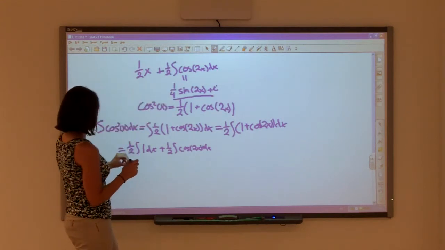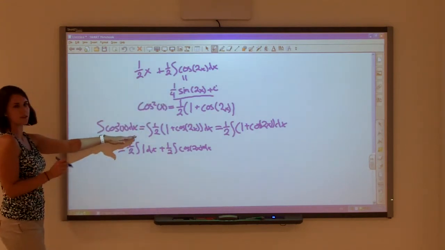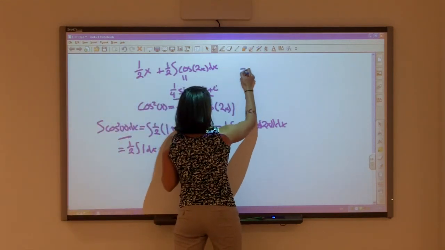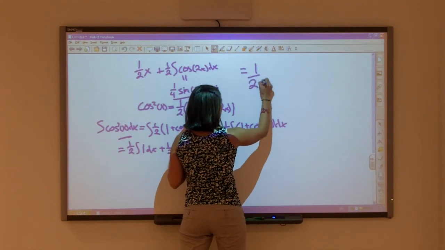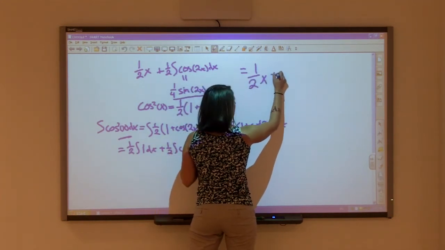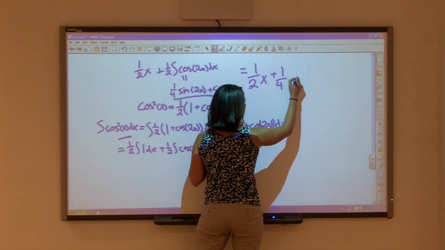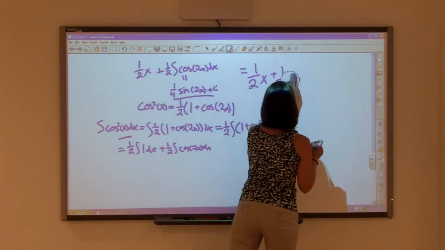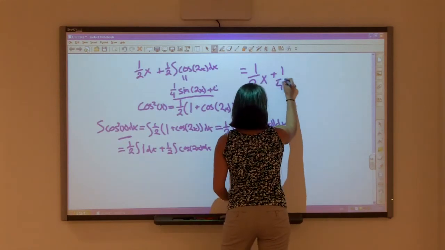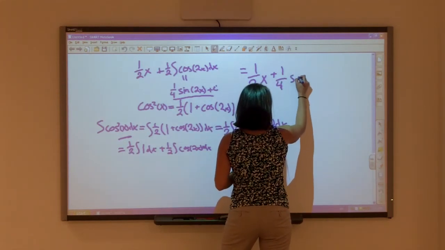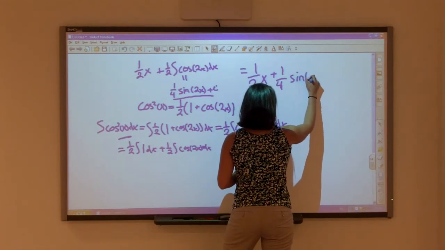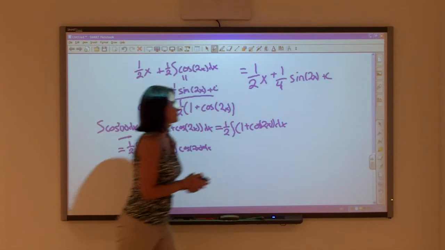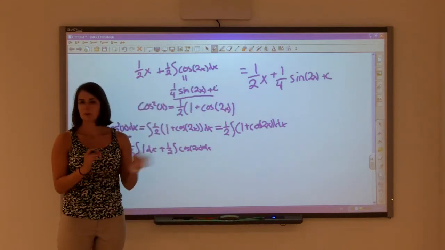So again, the answer to where we started out here with cosine squared is this whole thing, which is 1/2 x plus 1/4 sine 2x plus c. That's going to be more involved ones.